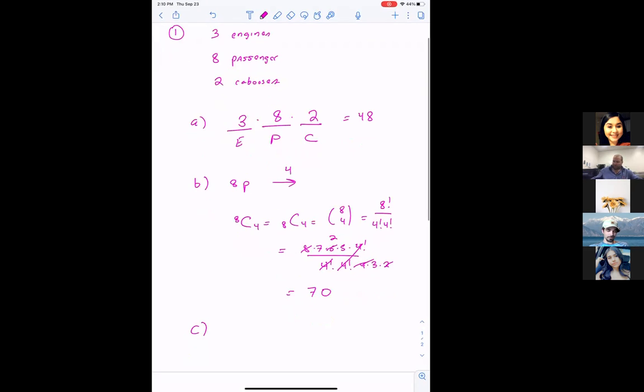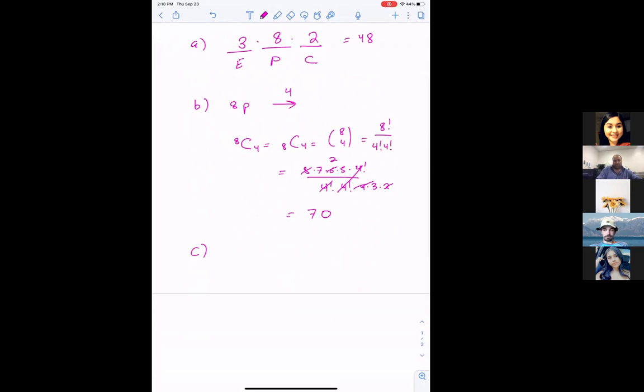And then we have part C. It says bonus, 5-point bonus. So if you didn't get this, don't worry about it. It's only a bonus. Suppose Nikki decides to make a train by putting 1 engine first, then 2 passenger cars, and then 1 caboose. How many different trains can Nikki make? Now, there's a slight ambiguity in this question, so I will accept either of the 2 different possible answers.